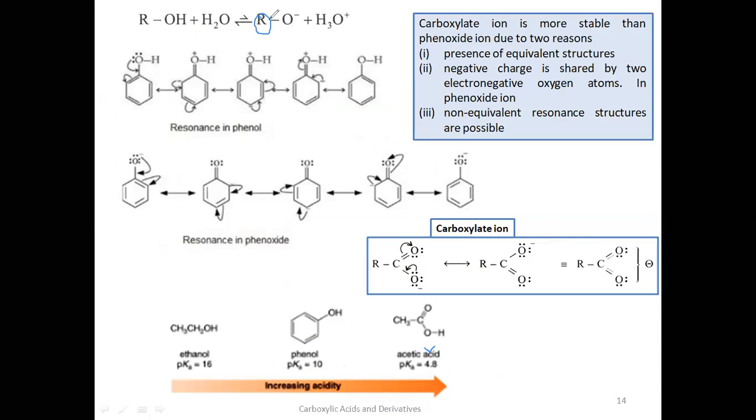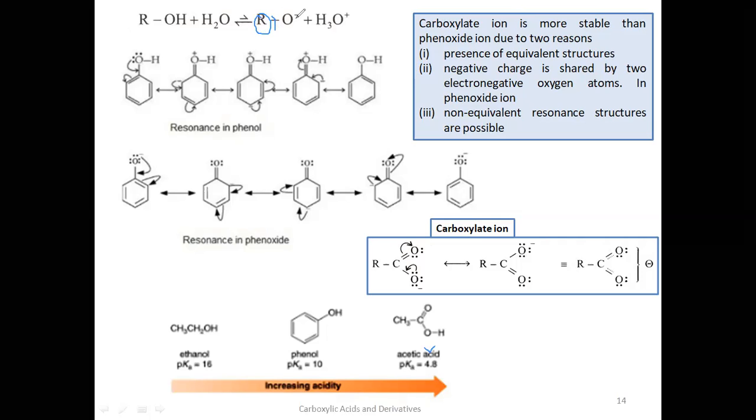I think you remember, you have already studied this in your first year: electron donating or electron releasing groups and electron withdrawing groups. What are electron withdrawing groups? Fluorine, chlorine, bromine, iodine. Electron releasing groups are all alkyl groups. They push electrons.